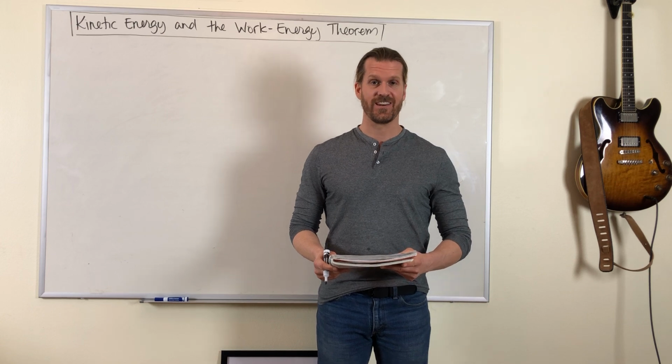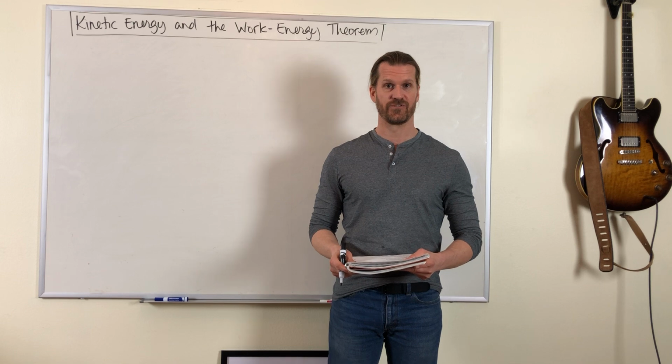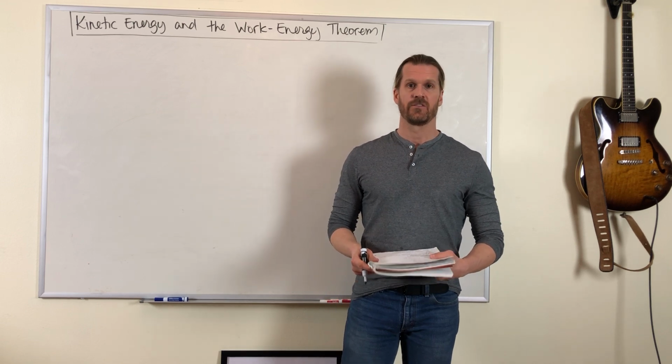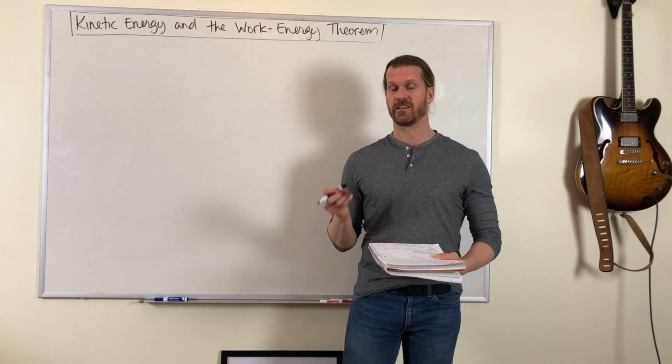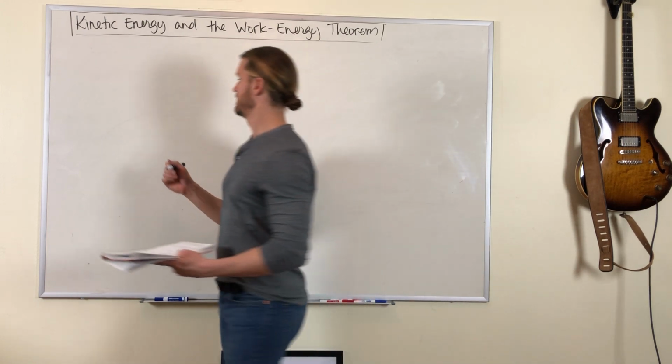Now we're going to learn about kinetic energy and how it relates to the concept of work that we just learned about. So kinetic energy is the energy associated with the motion of an object.